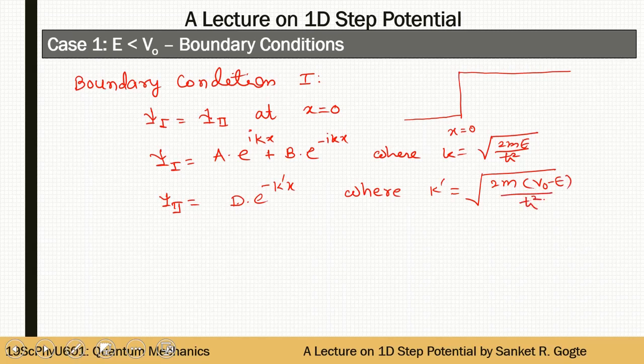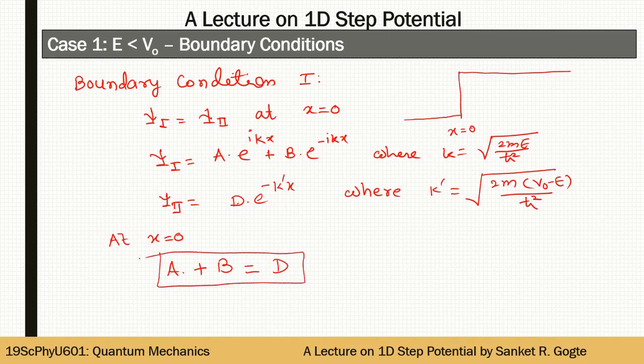So this is psi 1 and psi 2, and therefore at x is equal to 0, what I get is a into e to the power 0, which is 1, simply a, plus the second term is also simply b, is equal to, for psi 2, d, because all the exponentials become 1 when x tends to 0. So this is our first boundary condition, a plus b is equal to d.